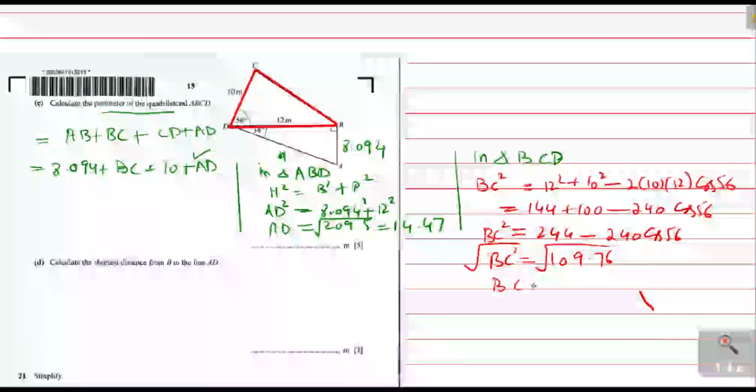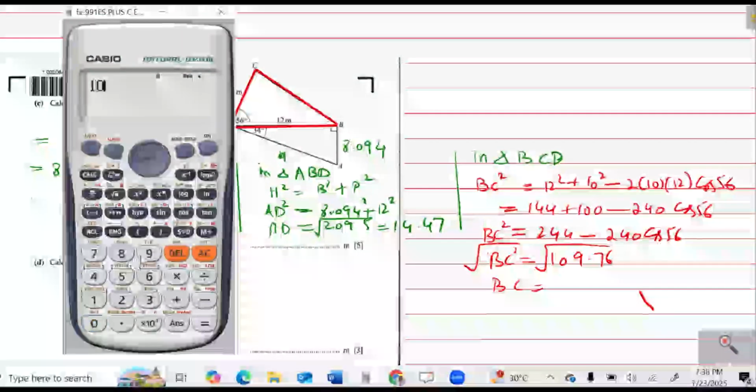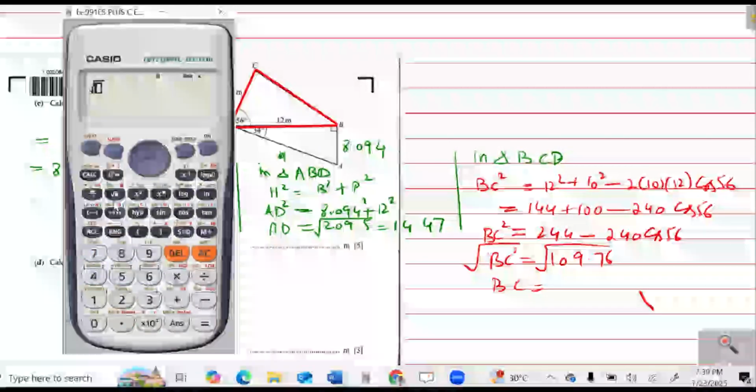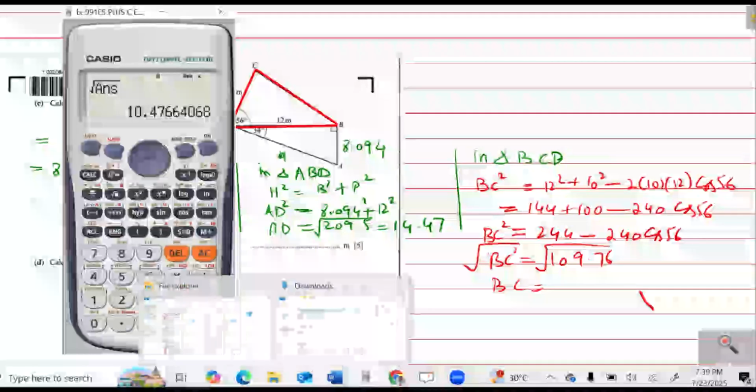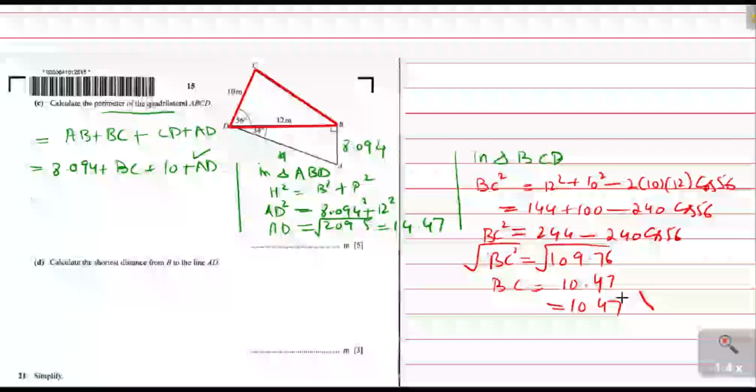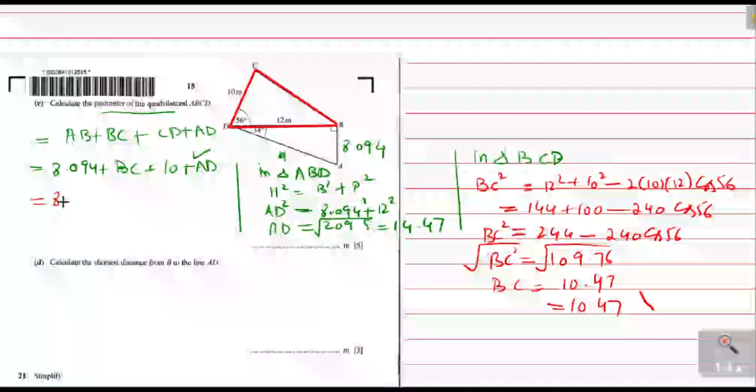We take square root. Then BC will be equal to square root of 109.76. This equal to 10.47, and we will substitute this value. 8.094.